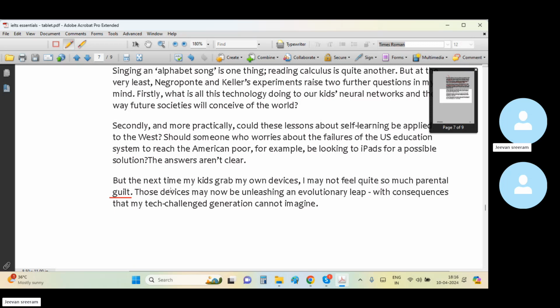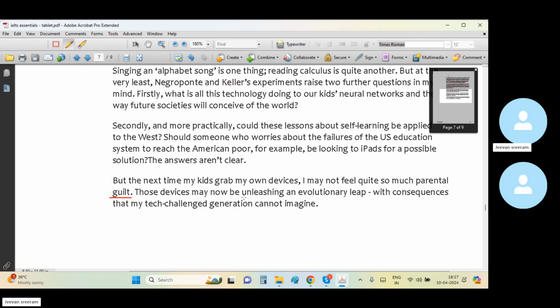Re-evaluating. Previously, she might have felt that allowing the children to make use of gadgets and spend time on them was a wrong thing. But now she definitely rechecks her idea. She won't feel as such.